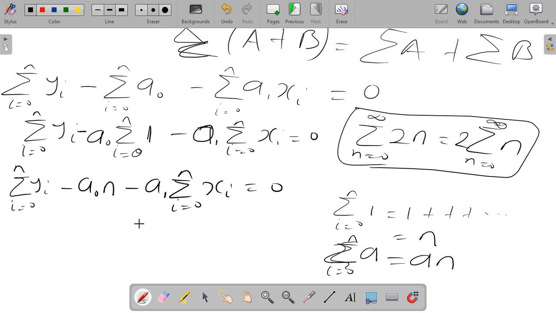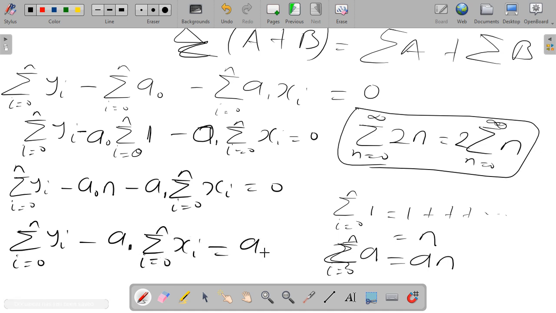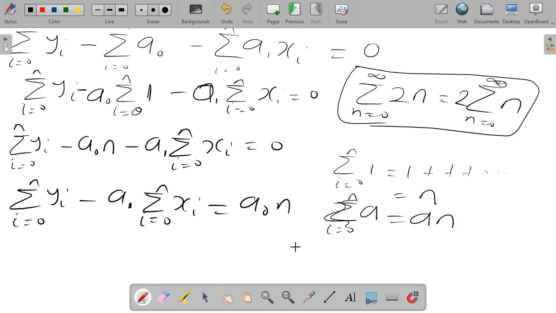Now for us to get our a0, if a0 n moves to this side, I'm going to have that the summation of i starting from 0 to n of yi minus a1 the summation of xi will now be equal to a0 n. So if I divide both sides by n, I'm going to get my a0.